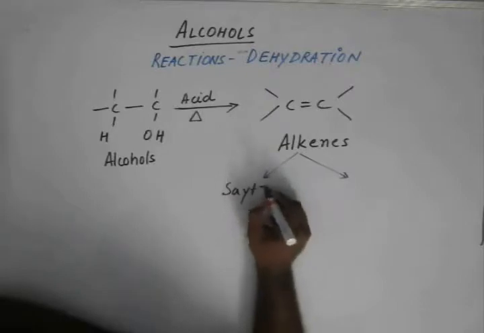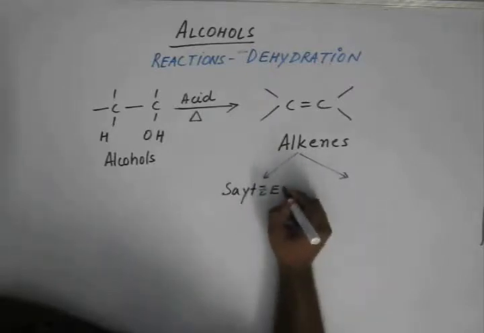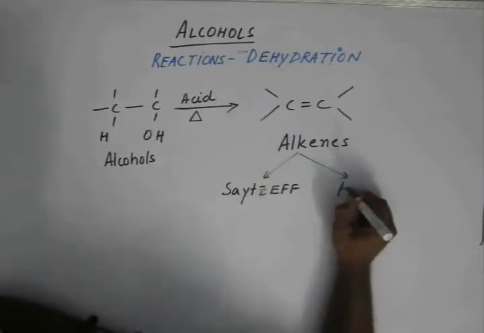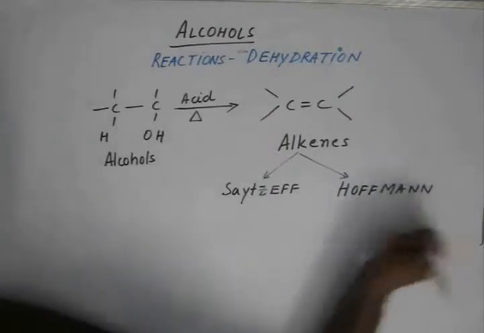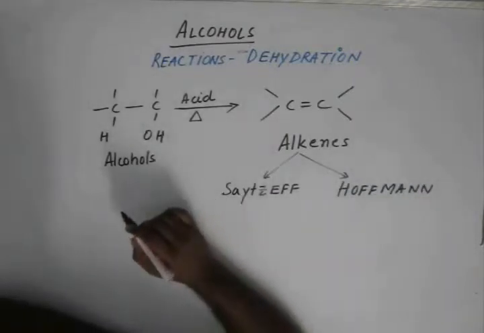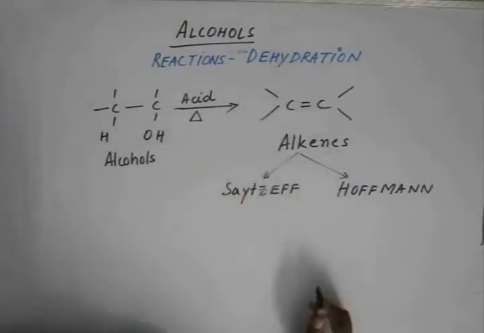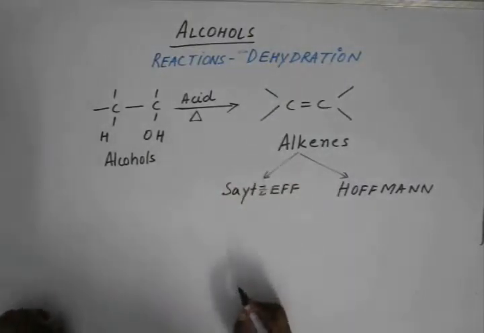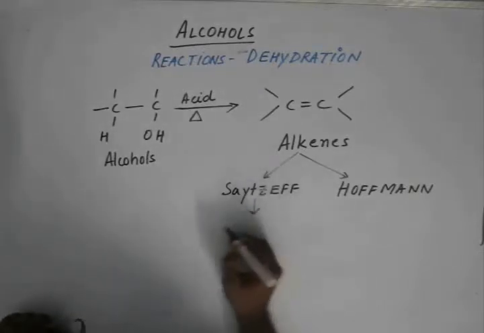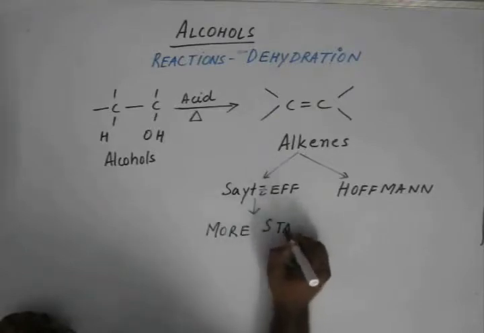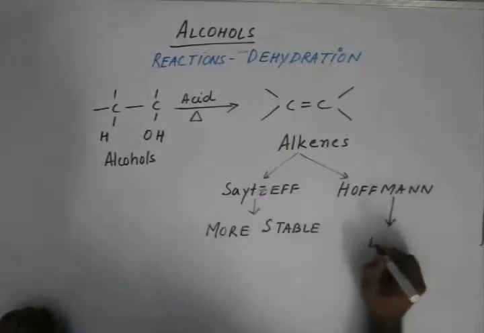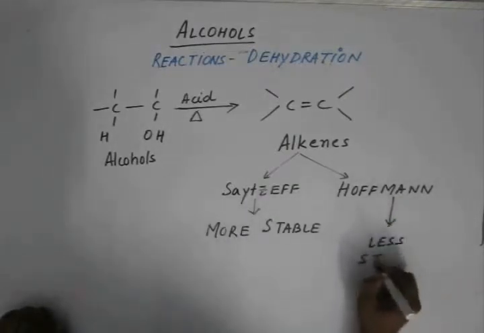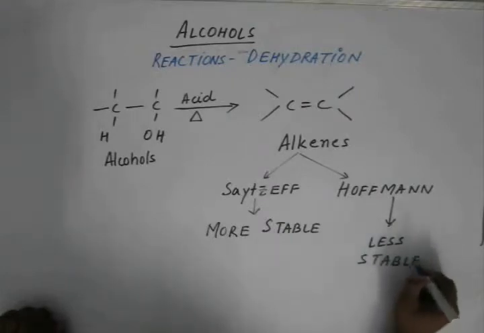One is the Saytzeff alkene, another is the Hofmann alkene. We'll see what these things like Saytzeff and Hofmann actually mean in the course of solving some examples. This is the more stable alkene that is formed, and this is the less stable alkene that is formed.